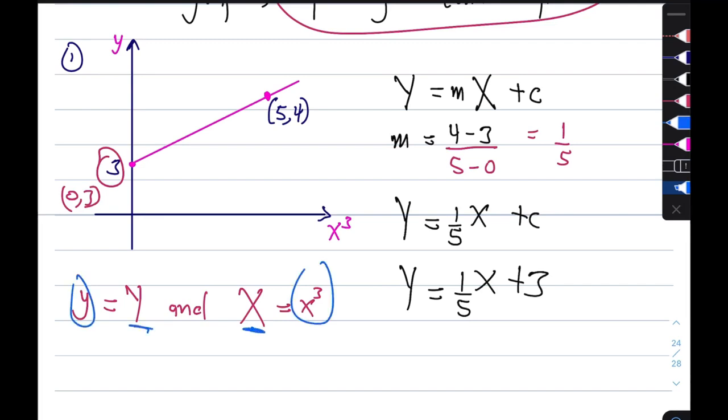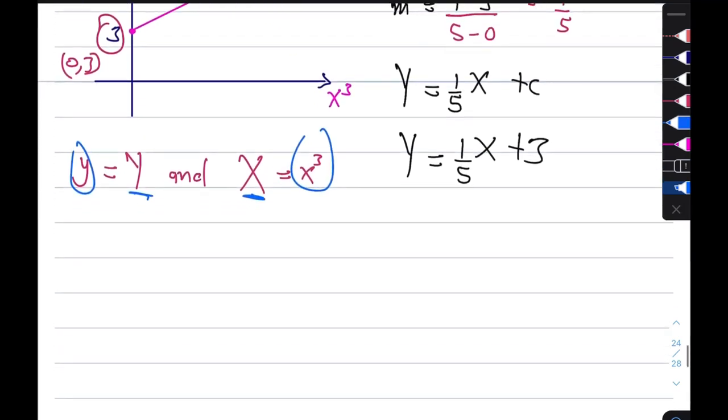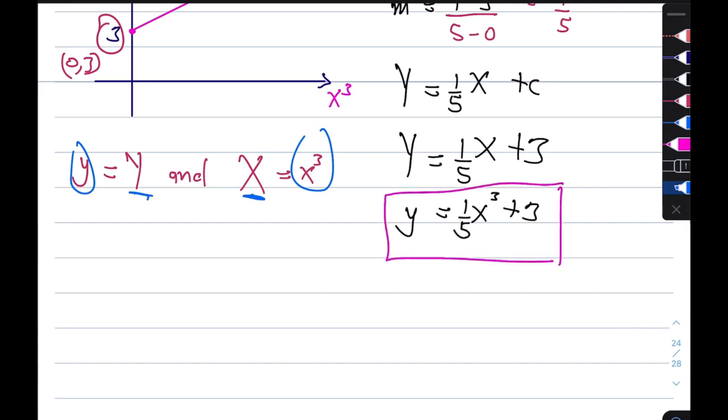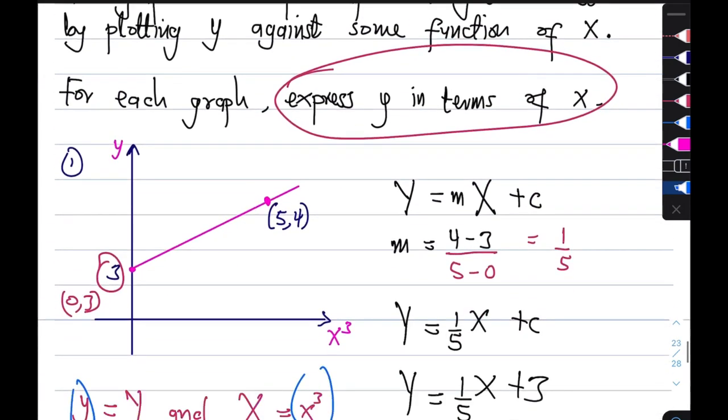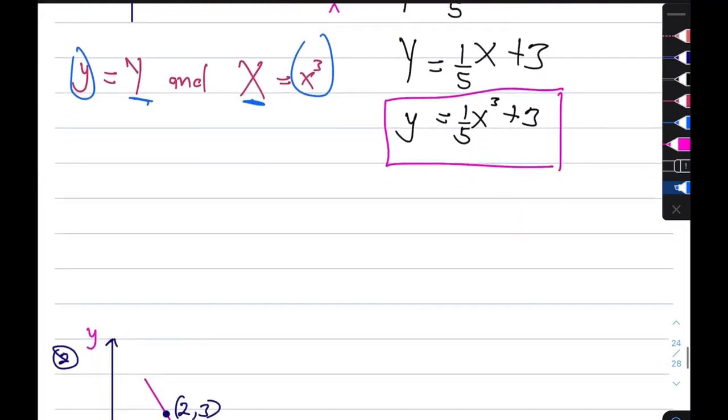And these ones are our new axes. Okay, so let's do the substitution. So we have small y is equal to 1/5 s cubed plus 3. And indeed, we have expressed small y in terms of s, okay? All right, good. Let's look at another example.